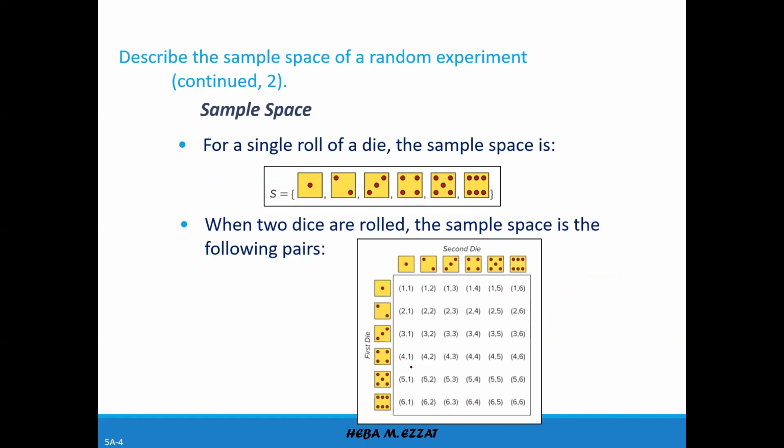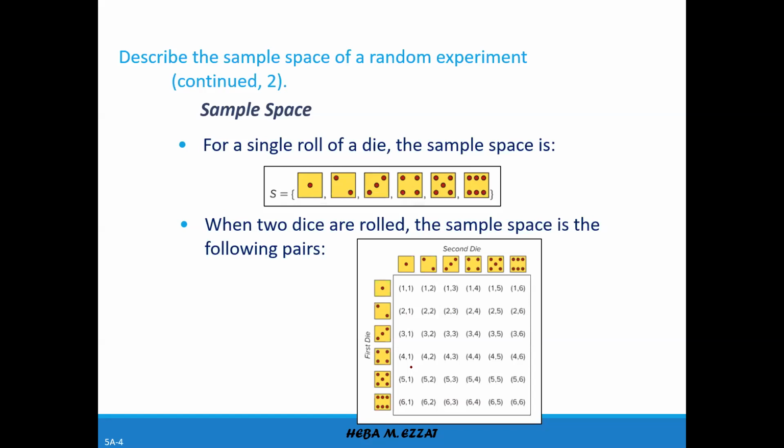So here, for example, consider the sample space for a single roll of a die. The die has 6 faces: number 1, 2, 3, 4, 5, and 6.